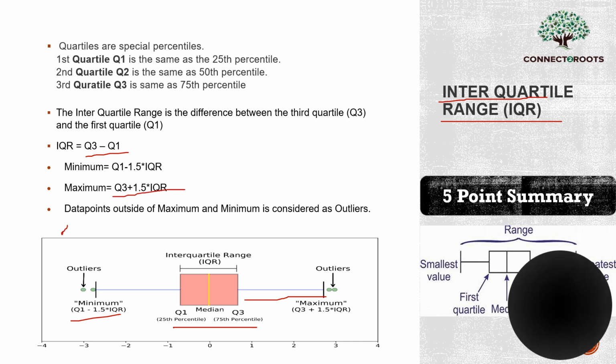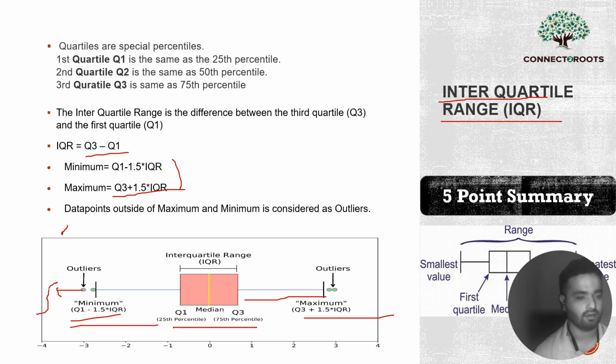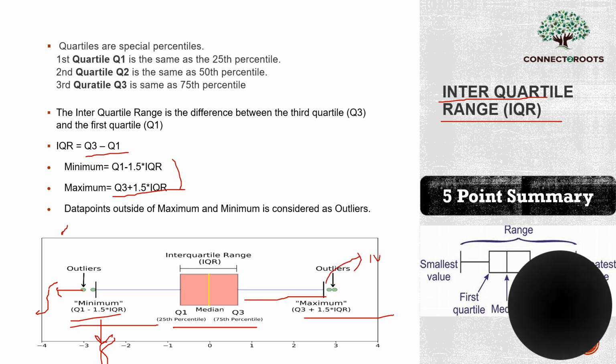After deciding that, any data point that lies outside this maximum value or minimum value is determined as an outlier. So if we have a data point of 5, and your minimum is 8, then this 5 and this 6 will be your outliers. In a similar way, if it comes to be 100, or maybe 120, 130, 140, both will be determined as outliers.